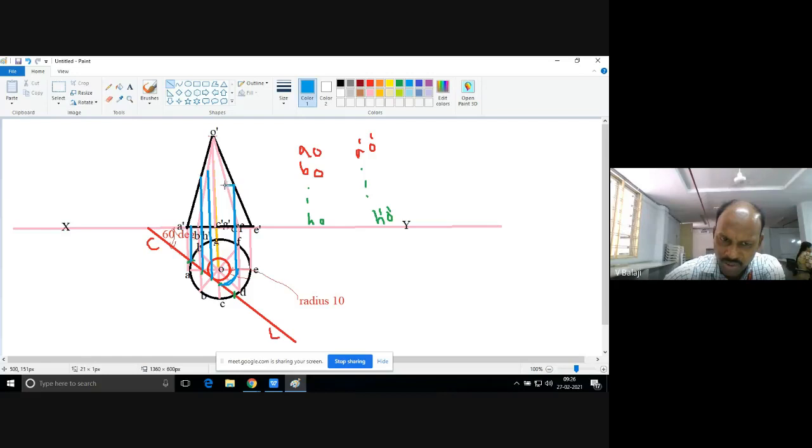Okay, from there I need to draw a horizontal line onto the required generator C dash O dash. So I got this point. Okay, so I am noting down: initially we got this first point here. Next I got this point, second point, third one here, fourth one. This is not the fourth one, this is the final point, fourth point.